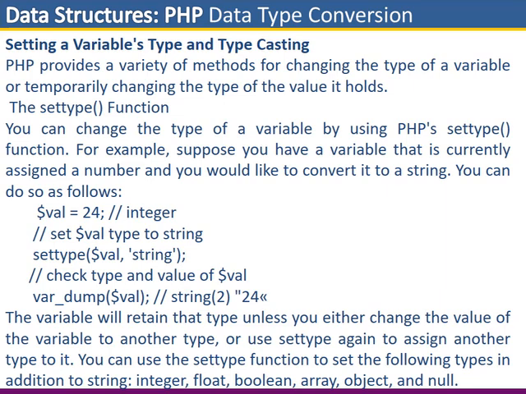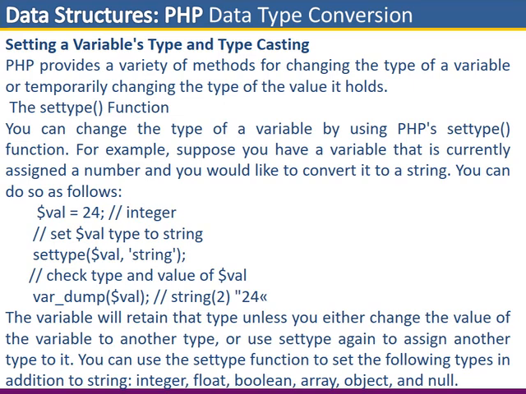Then we check the type and value of $var by making use of the var_dump function, which can display the content of a variable.